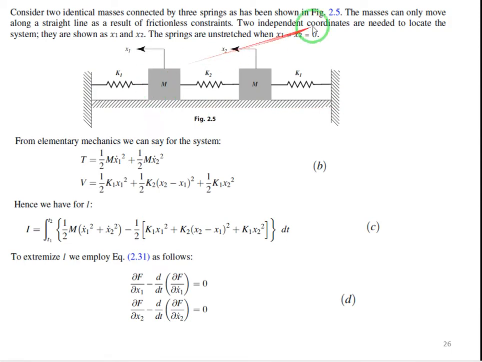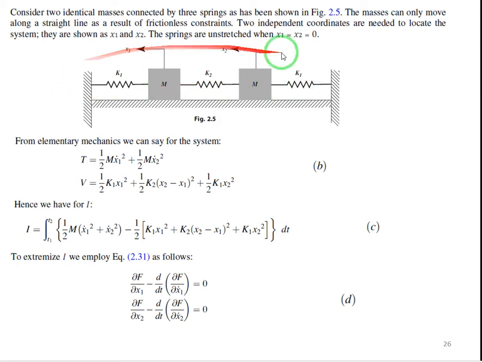Let's assume that there is no friction between blocks and the ground, so we neglect the friction force. And let's say that the left mass is connected to the ground by the spring k1. The left mass and the right mass are connected to each other with the spring k2, and the right mass is connected to the ground with the spring k1.